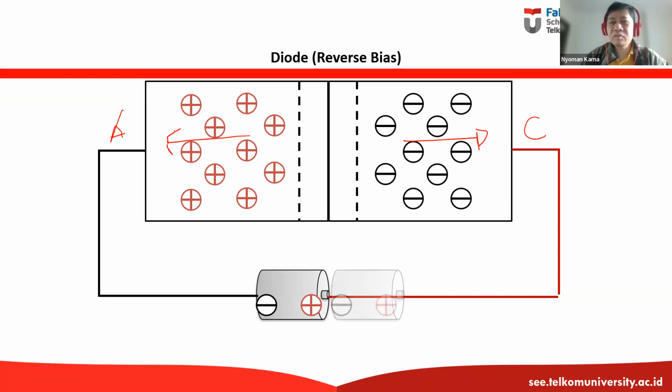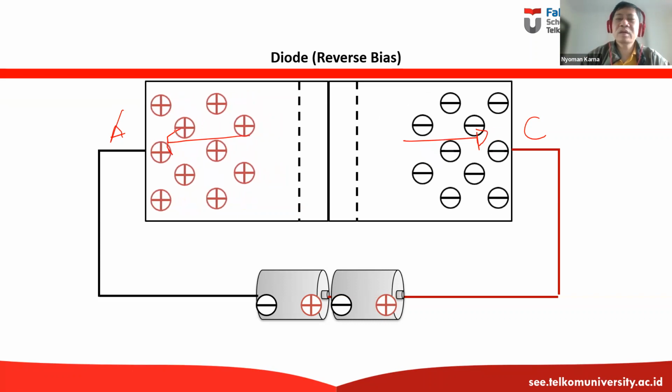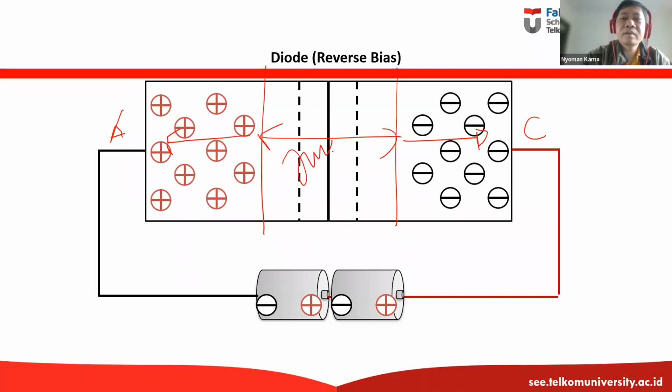So what will happen? It will be something like this. So the junction will become bigger. In this case, there will be no current flow through the diode. This is what we call a reverse bias.